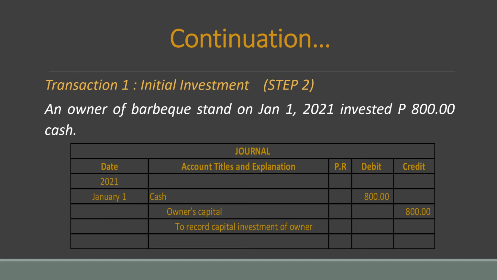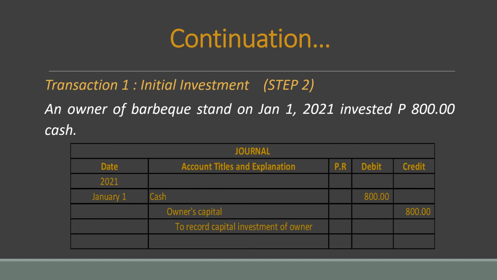And then, yung account to be credited is entered slightly indented on the next line. So, since that is an investment, and nagkaroon ng increase sa owner's capital, kaya natin cini-credit yung owner's capital account. And yung account na credit natin is slightly indented on the next line.